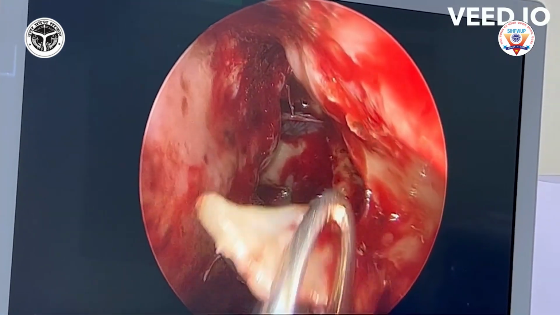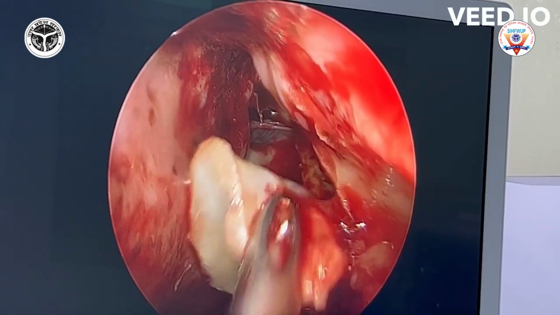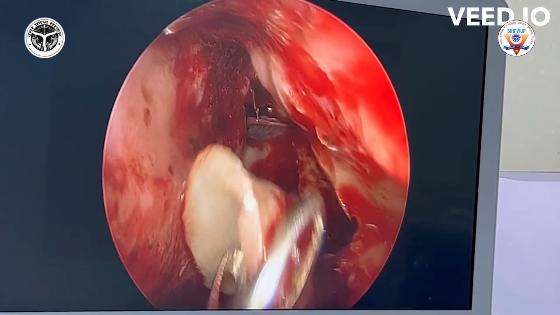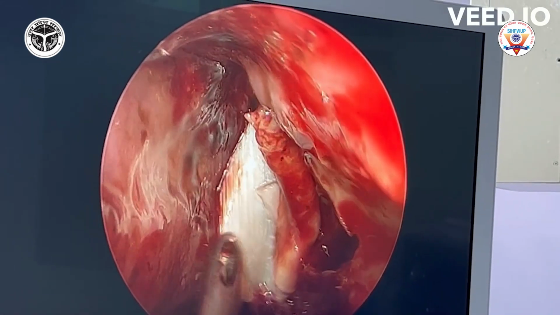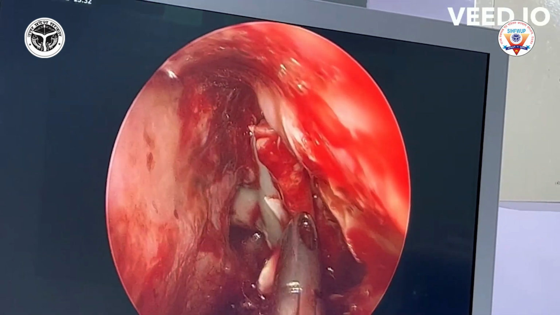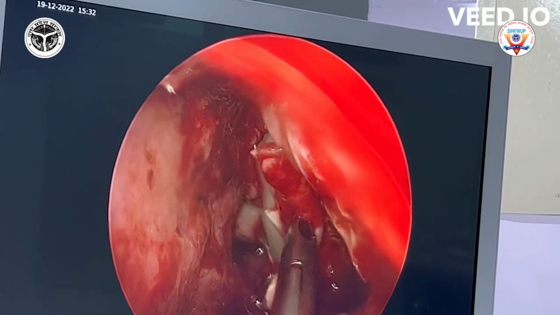So this is the fat that we had harvested along with the fascia lata. The fat is being inserted into the defect with the help of the curved Freer's elevator. We are pushing the fat into the defect.